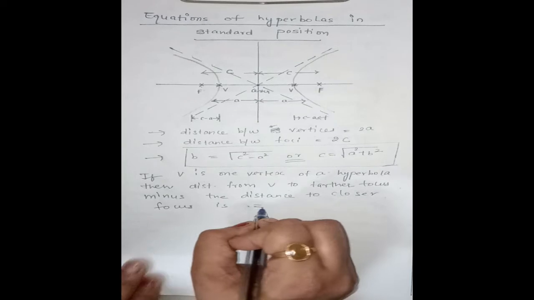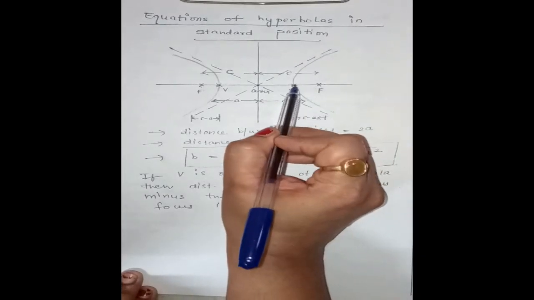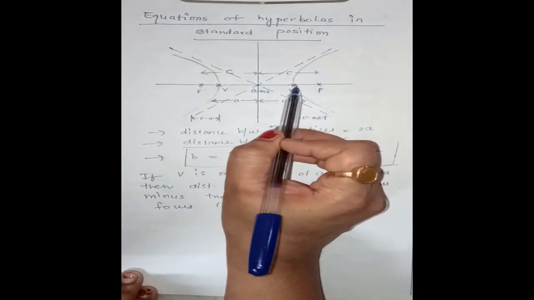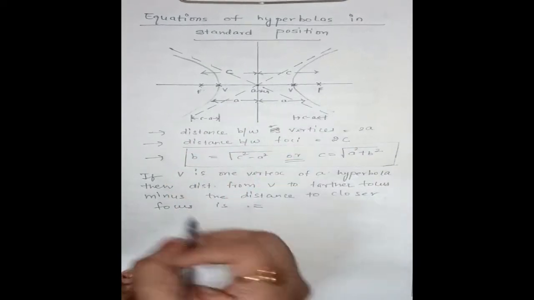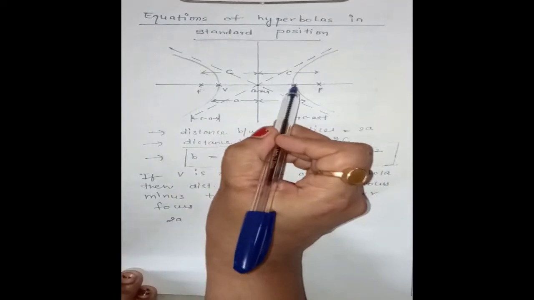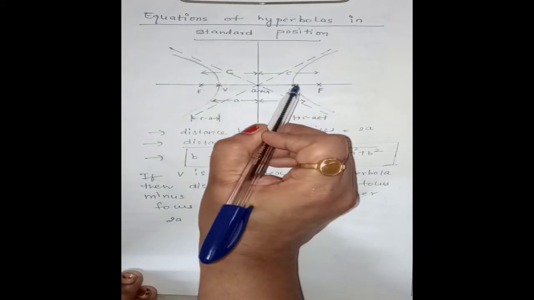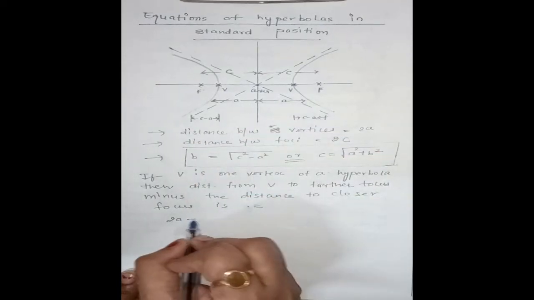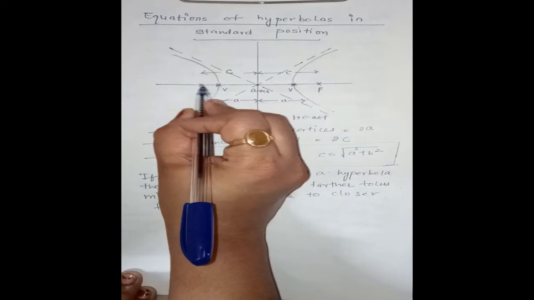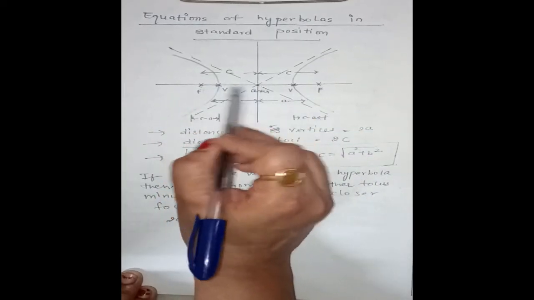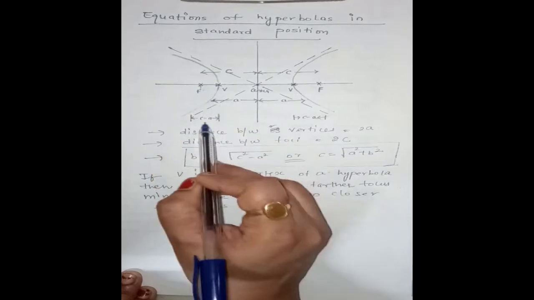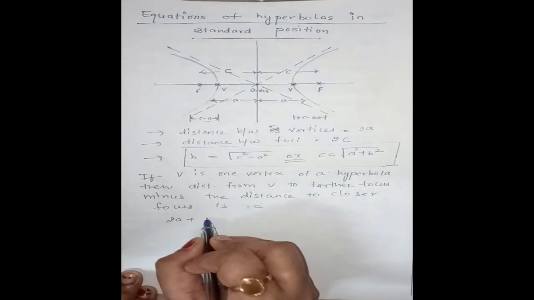is equal to, now first the distance of v from this f. Now this whole distance is 2a. This distance between the two vertices is 2a, plus now this distance. Now this distance is c, this distance is a. So this distance will be c minus a, plus c minus a.